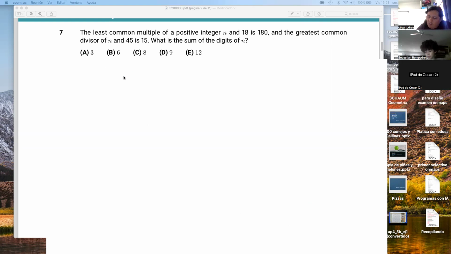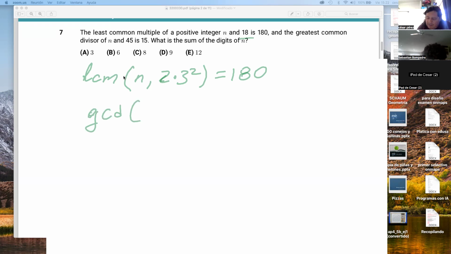When we work with least common multiple, we need to factor the number. Least common multiple of n and 80. Okay. 2 times 3 squared. We are factoring this number. We'll get 180. Okay, and here it says that greatest common divisor of n and 45 equals 15.